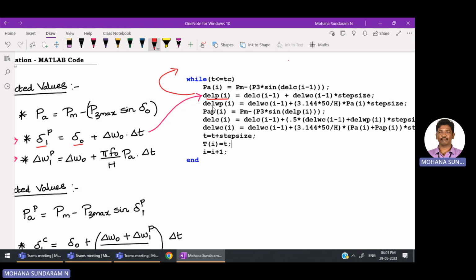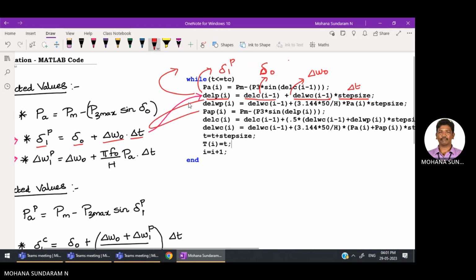So 1, 0, I minus 1. So del 1p is equal to del naught plus del omega naught, so it is del omega I minus 1 into step size. This is your step size, delta t. And this is del omega naught. This is del naught. And this is del 1p.